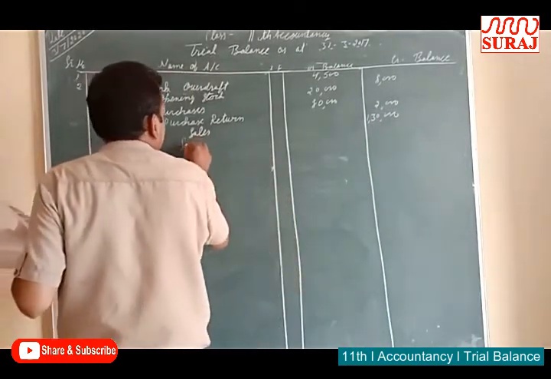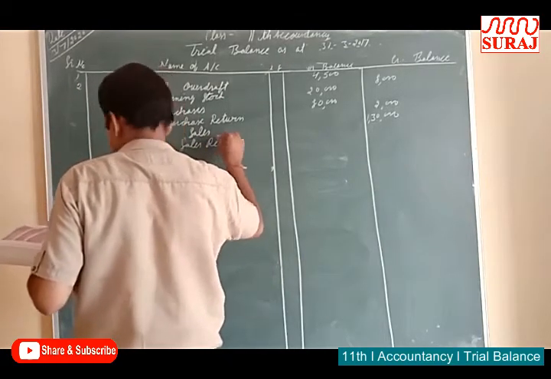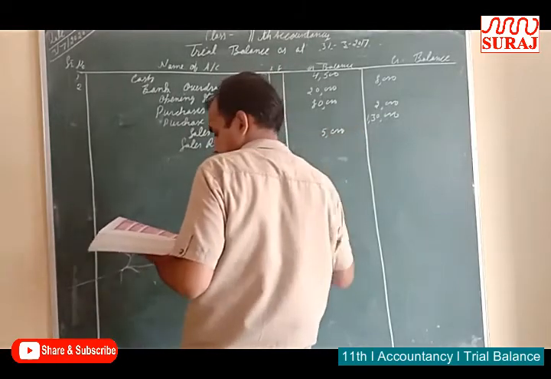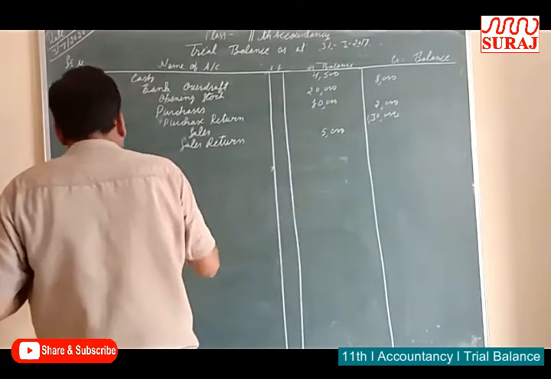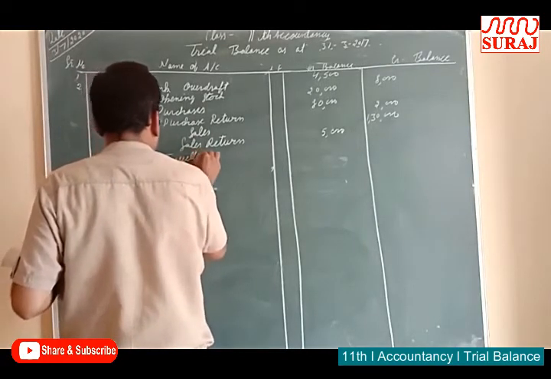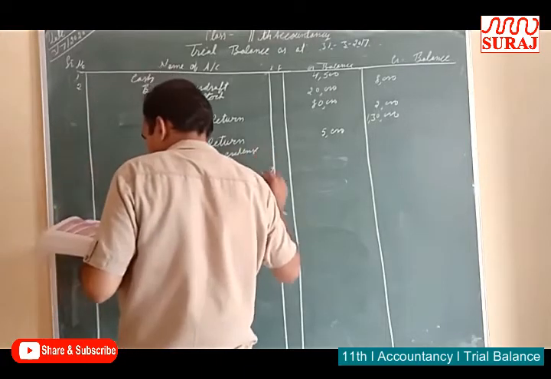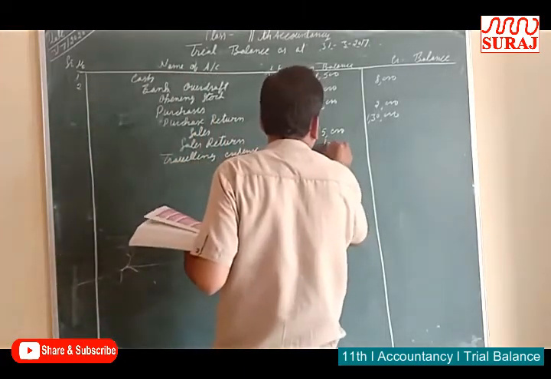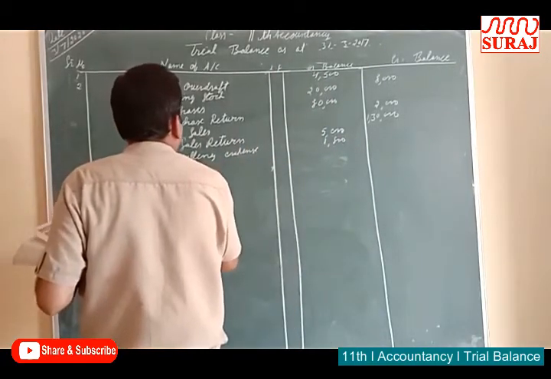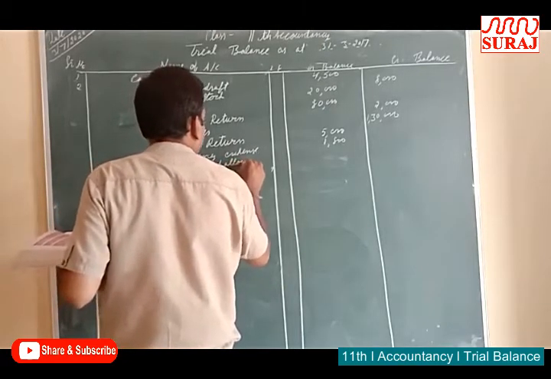Sales return, debit: 5,000. Traveling expense, an expense, has debit balance: 1,800. Discount allowed, an expense, debit balance.